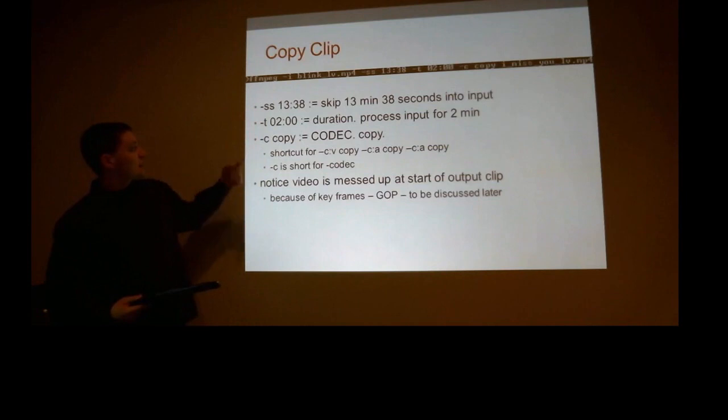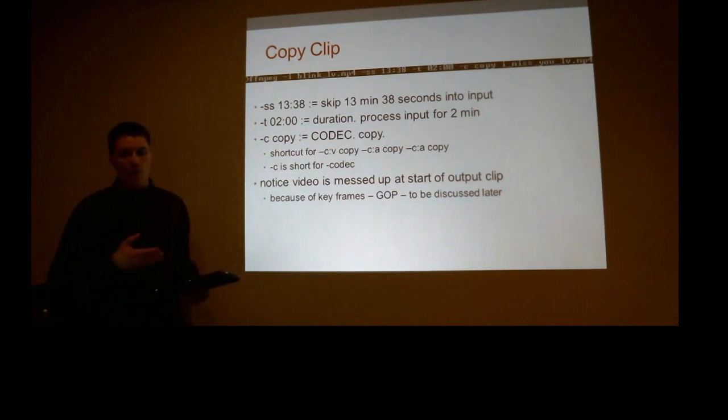The -ss says, for the input, only start passing frames from the input to the output at 13 minutes and 38 seconds into the input. And -t is a duration. How long do you want to pass frames from the input to the output?